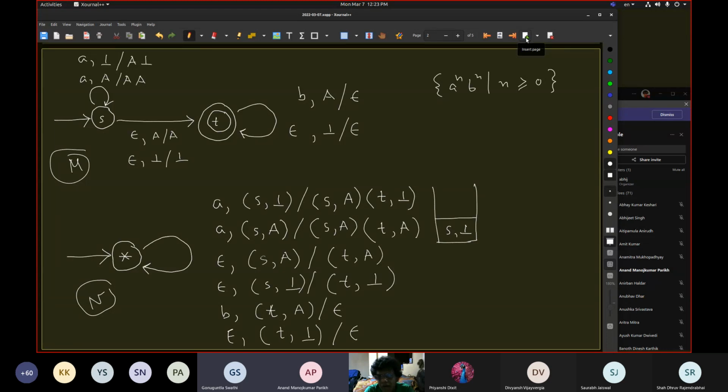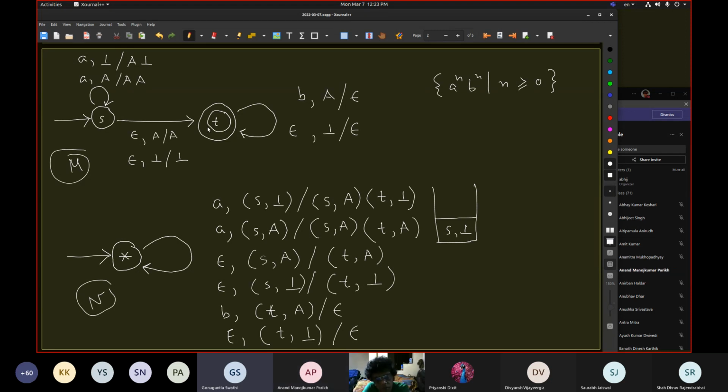Sir, I have still a doubt in the first machine. Tell. Sir, here, if we read the entire string and we are in a final state, then that string should be accepted. What is the question? No, I didn't understand. So for example, if I read just a power n, and then I make an epsilon transition to T, correct, and T is a final state.